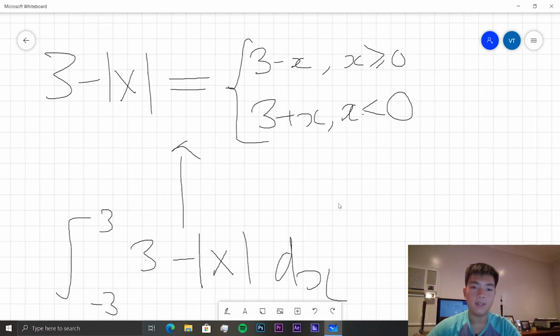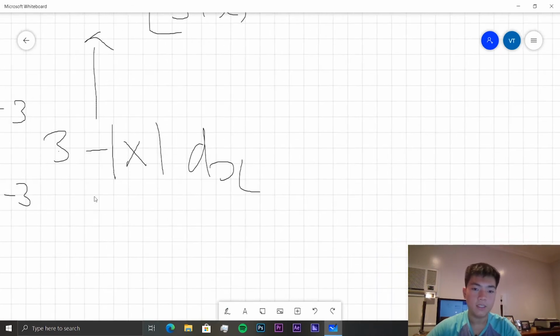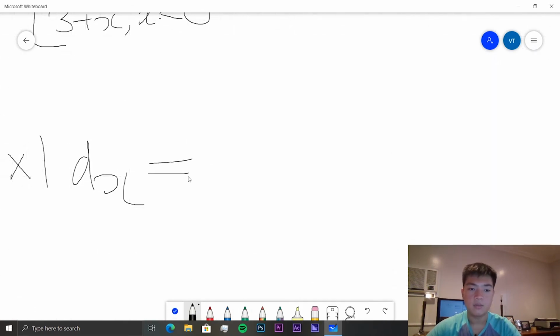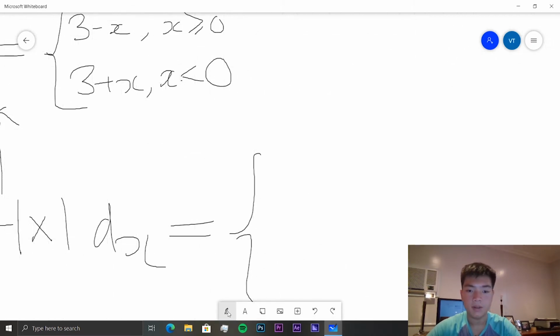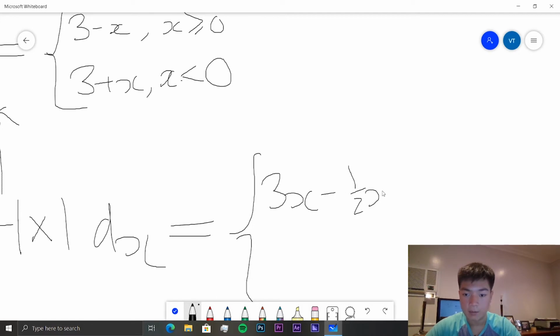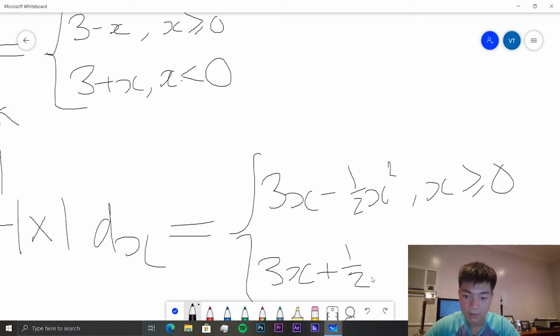So now we've done that, we can integrate this function. So this will be equal to, if we integrate this top part, we get 3x minus 1/2 x squared, for x greater than or equal to 0, and 3x plus 1/2 x squared, for x less than 0.